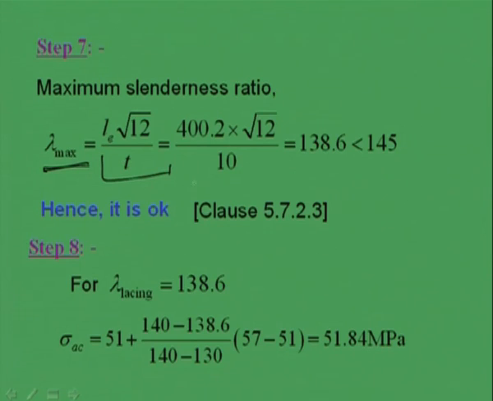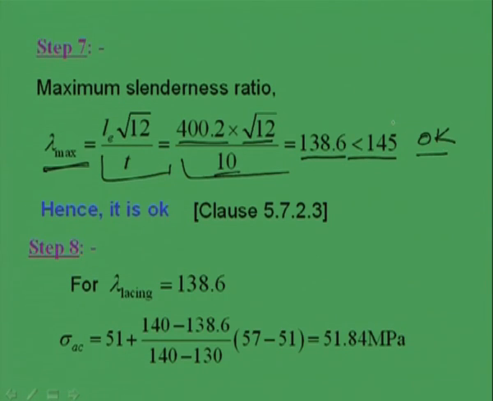So, we have LE as 400.2 and T as 10. If we put those values, we get 400.2 into root over 12 by 10 is equal to 138.6, which is less than 145. So, this is okay.